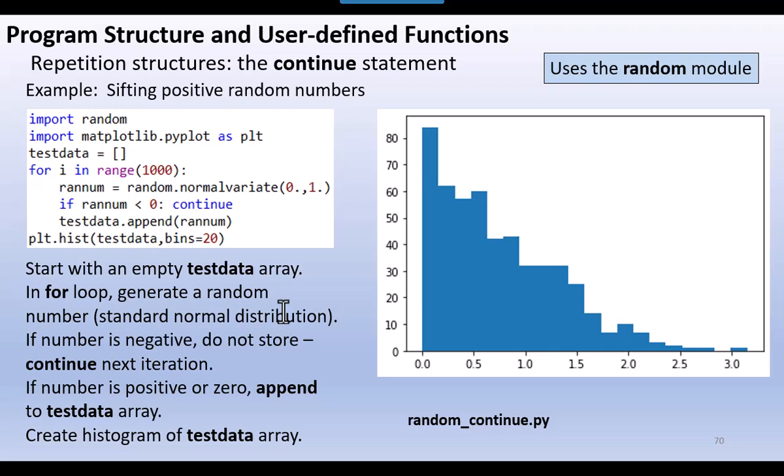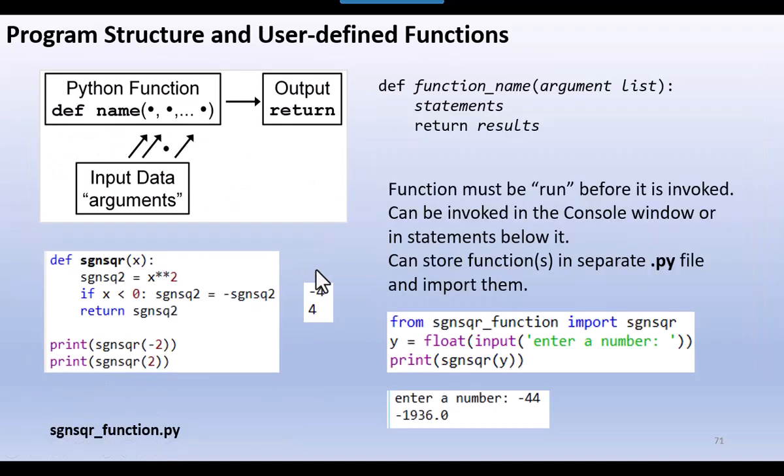And so we're going to move on now, and we're going to get into the latter part of this segment of the workshop, and that has to do with user-defined functions, which is up here in the title. So the idea of a user-defined function is shown in the flowchart in the upper left here, where we have a function that is defined, and we use the def abbreviation to define the function.